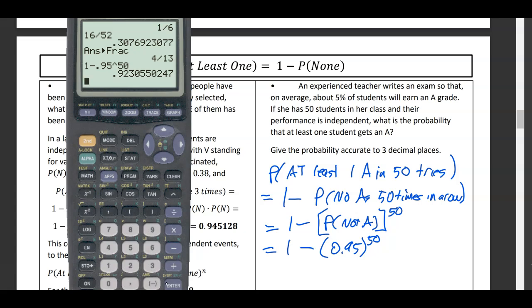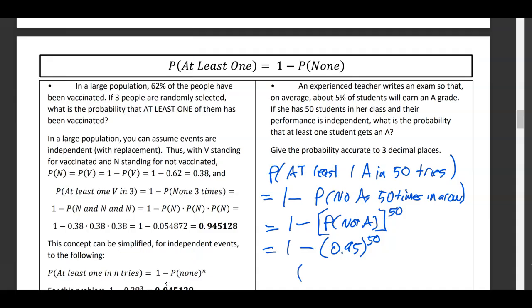They don't say percent, so we don't go to percents. 0.923. There's your approximation. The probability of getting at least 1 is 0.923. Thought of in percents, 92.3% of the time you'll find at least one A out of those 50 students. The at least one rule.